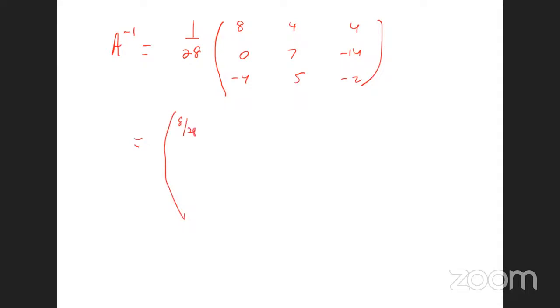So that's 1 over 28 by 8, 4, 4, 0, 7 minus 14 minus 4, 5 minus 2. You can leave it like that, or in some instances, you'll have to multiply it out: 8 on 28, 4 on 28, 4 on 28, 0, 7 on 28, minus 14 on 28.